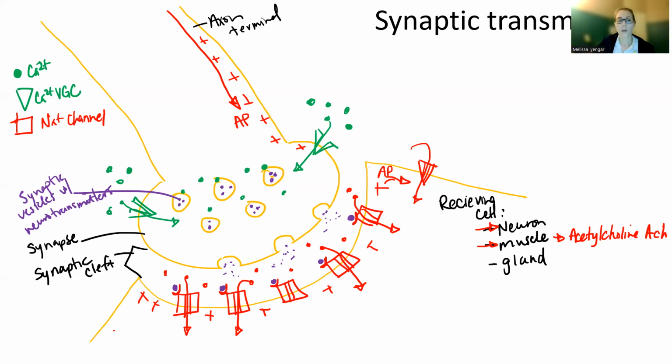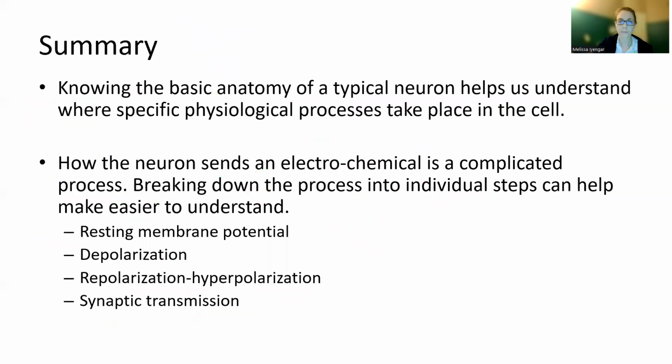Okay. So I'm hoping that this also helped you kind of visualize a little bit synaptic transmission, but I will also post a video that I have from a publisher as well that's more of an animated 3-dimensional video to help you visualize what these channels and ions moving actually is going to look like.